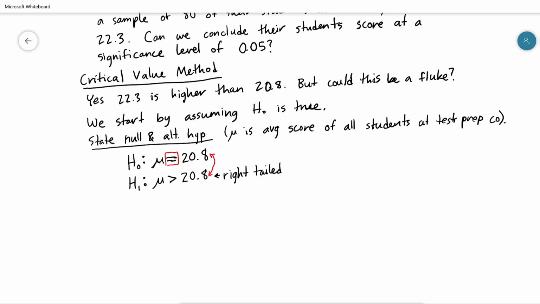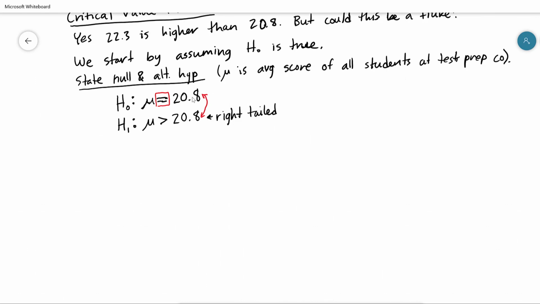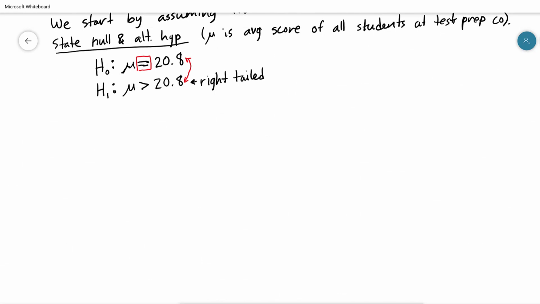Okay, so we've started by assuming that this is true. This is going to be our default idea, that really the average score of all these students is the exact same 20.8 as everybody else. And if that's true, then I'm going to take a look at the sampling distribution.